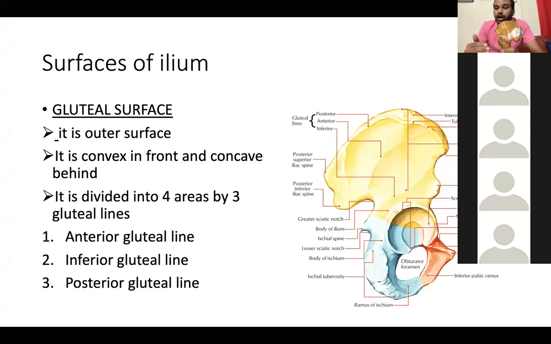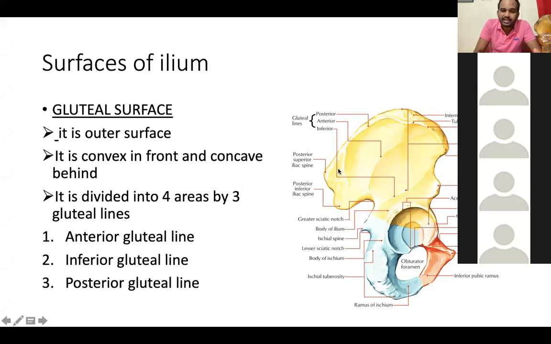Now, what are the muscles you see in this area? Everybody, please, the gluteus maximus muscle will take origin from the area behind the posterior gluteal line. What muscle? Gluteus maximus.